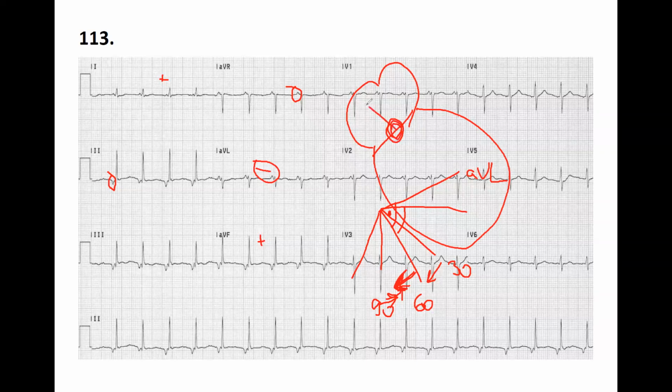The impulse first activates the atrium and later on the ventricle. This is why, for example, in lead number 2, we do have a negative piece, and after that we have the QRS complex, and we have a T wave.